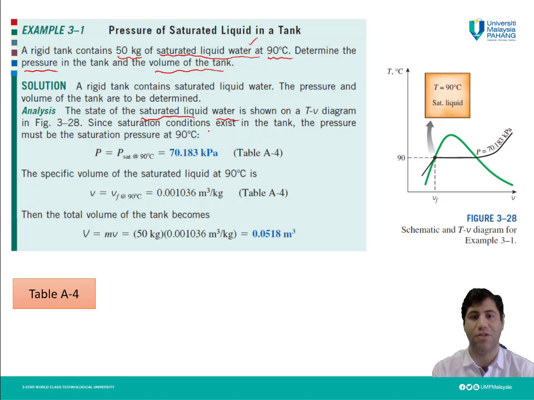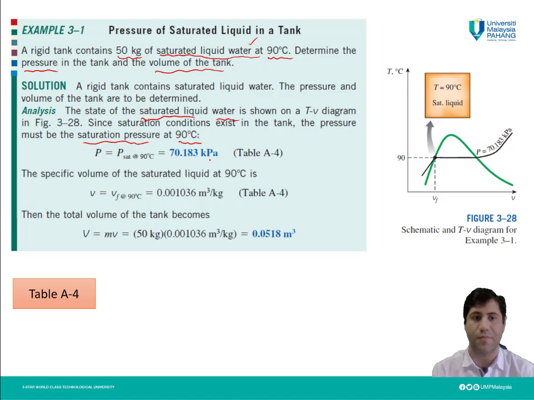Since saturation condition exists in the tank, the pressure must be the saturation pressure at that temperature, which is 90 degrees Celsius. If you go back and see the video lecture for the previous session, we have already discussed the saturation pressure. On the saturated liquid line, we have saturation pressure and saturation temperature.